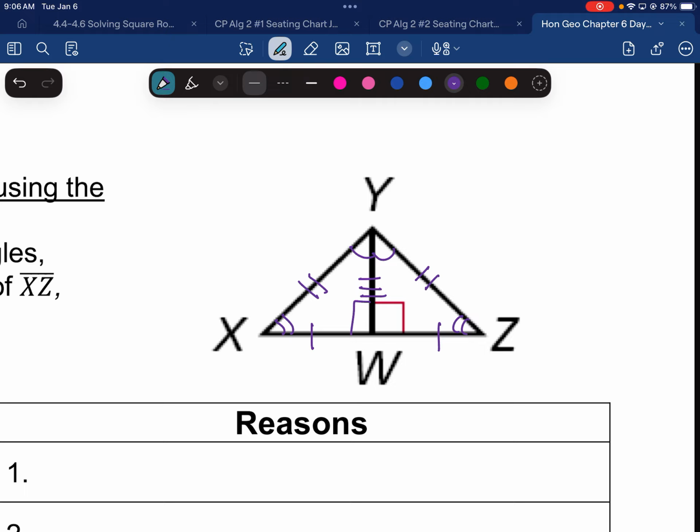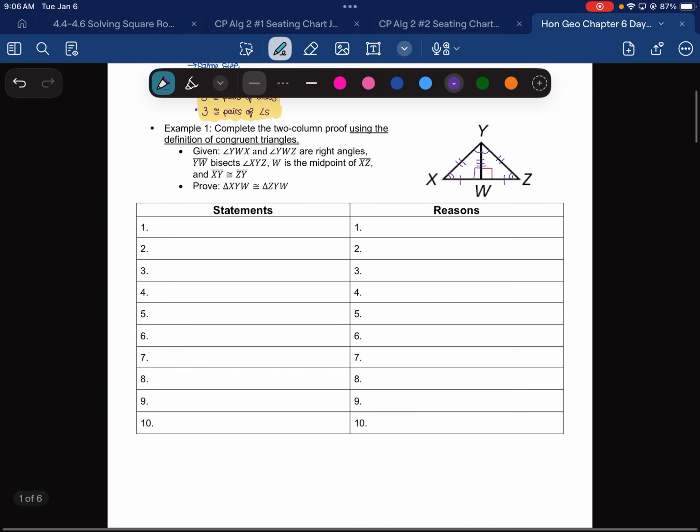Now, how do you take that and put it into a proof? All right, stick with me. Because these are blank, you can have a different order than I do, right? The way you could do this is just straight up list all of your given information in the first 1, 2, 3, 4 boxes. That's fine.